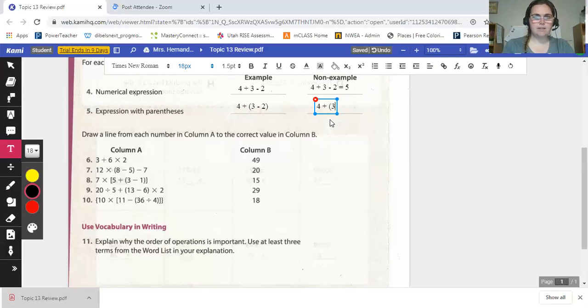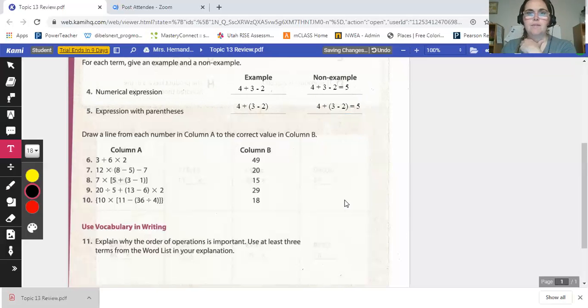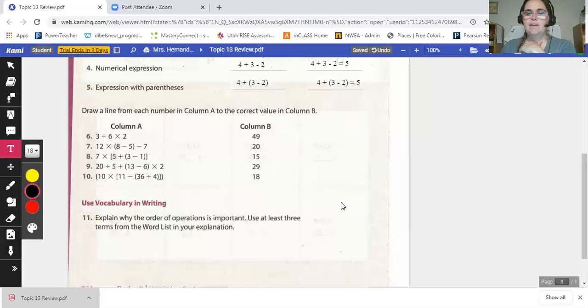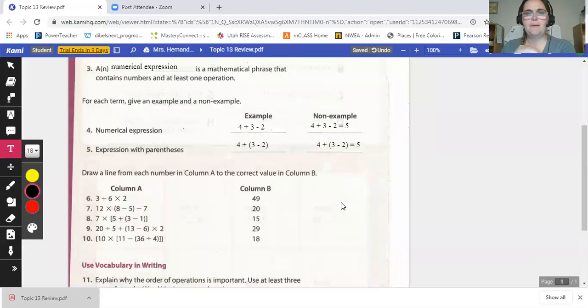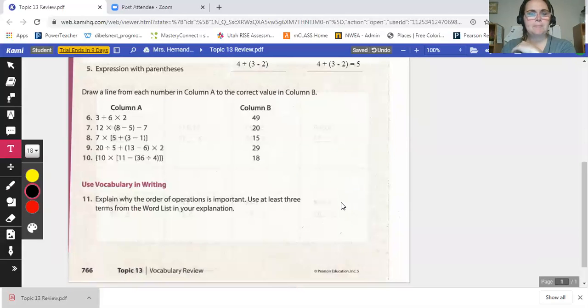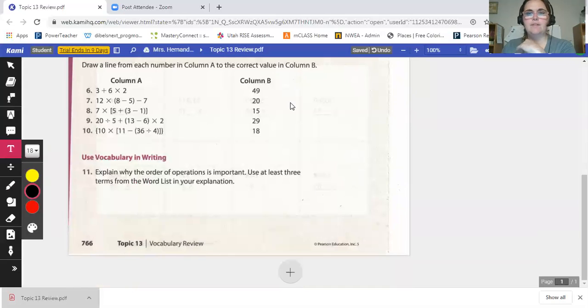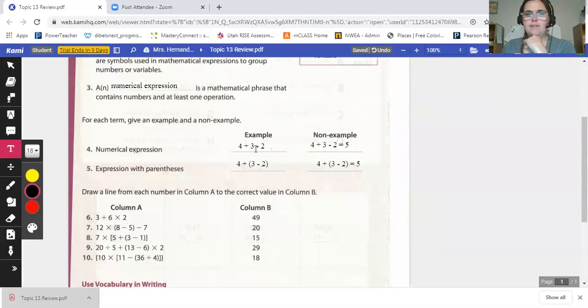It's just that it is not an expression. All right, so these are examples of a numerical expression and one with parentheses, and these are non-examples, just because of that equal sign.